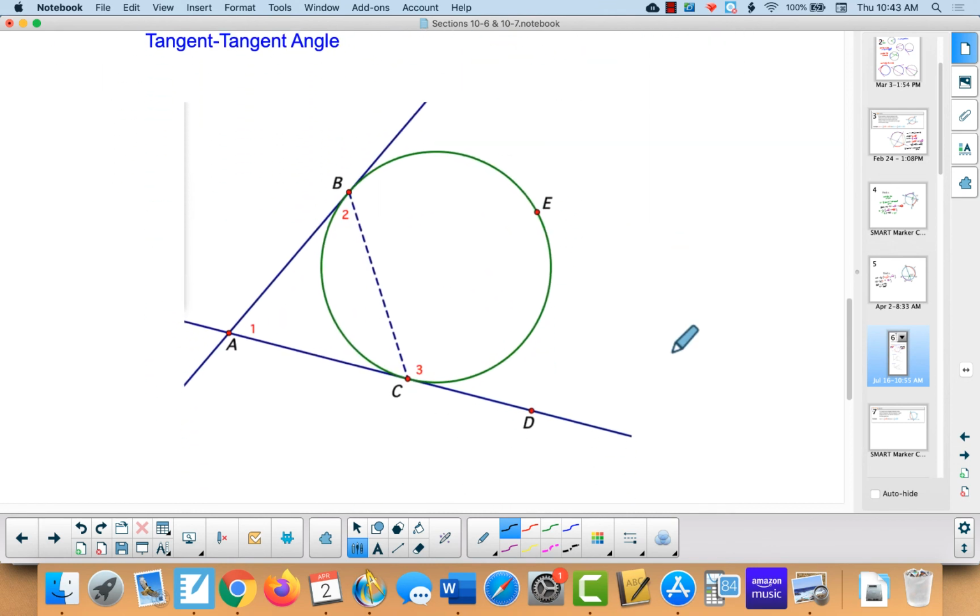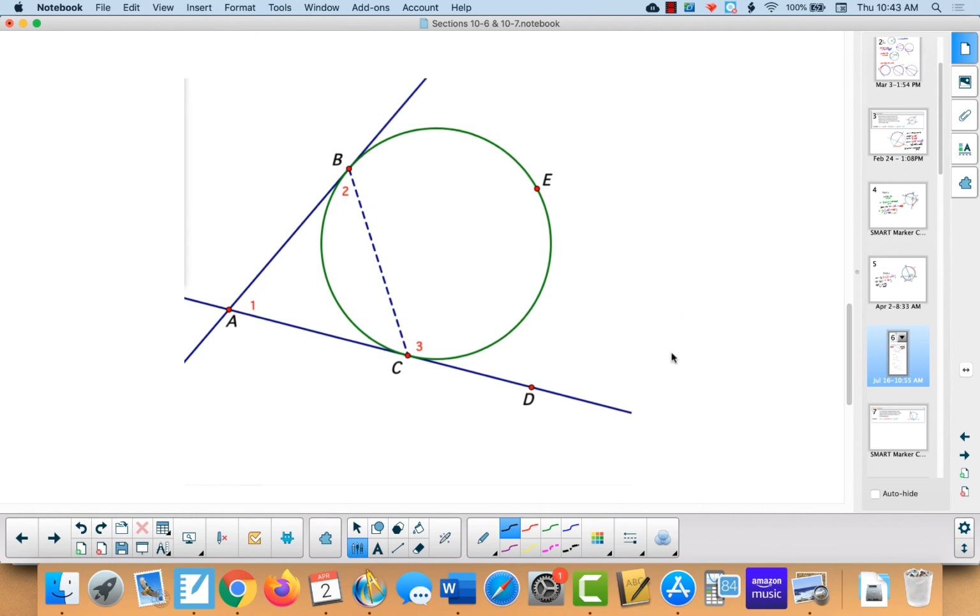We scroll down to the tangent. We have the same equation. Angle 3 is our exterior angle, and 1 and 2 are the remote interior angles. Rearrange that so I'm solving for the measure of angle 1, the measure of angle 3 minus the measure of angle 2.